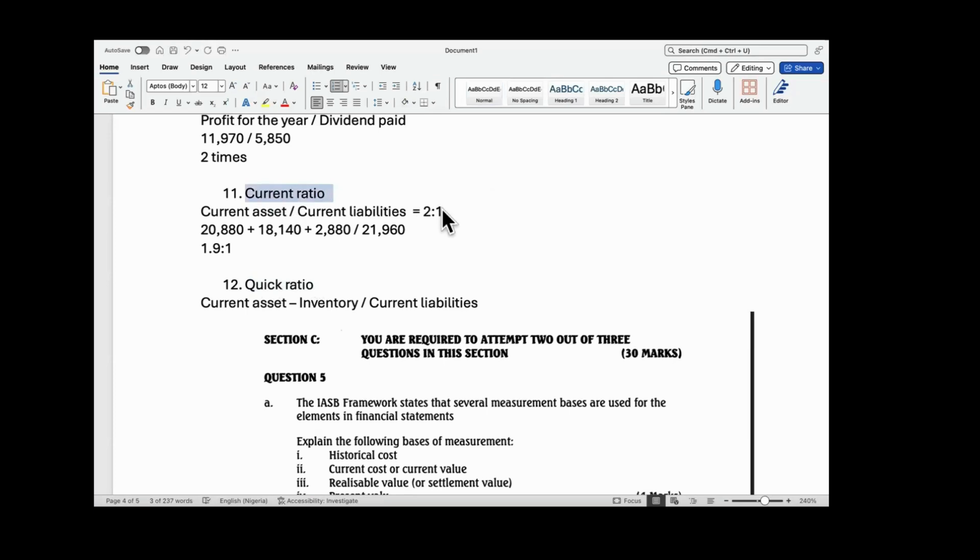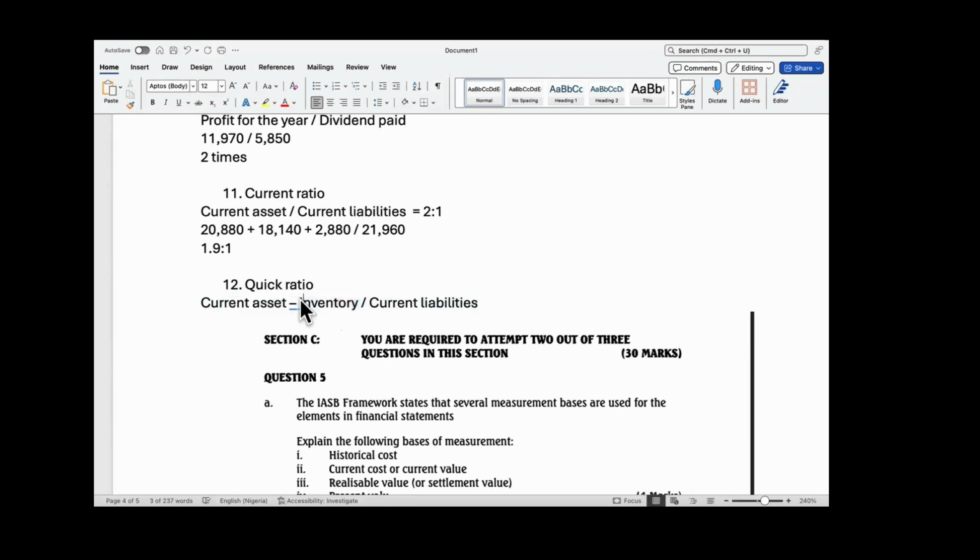While this one, the standard is 2:1, and looks at the ability to cover our liabilities with our current assets. This one is looking at more liquid assets available to cover our liabilities. That's why it's removing inventory from the current assets. Do we have the ability to cover our liabilities with our highly liquid assets?